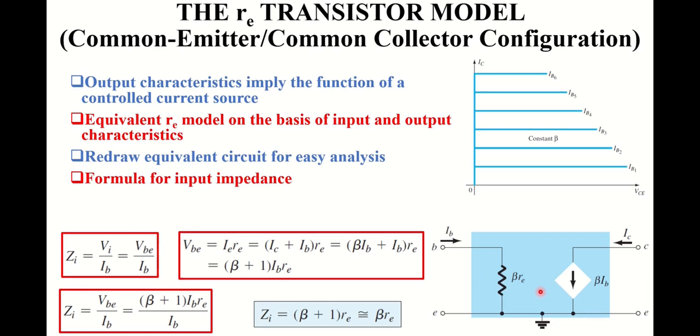Both input and output are isolated but are only connected through a current controlled source. As you can see, the magnitude of the current controlled source is beta IB, and this IB is the current of the input side. So although these are isolated from each other, they are still connected through the term IB.